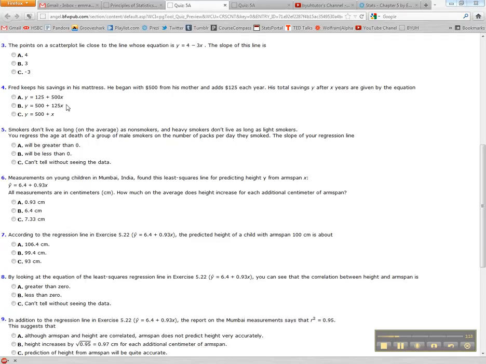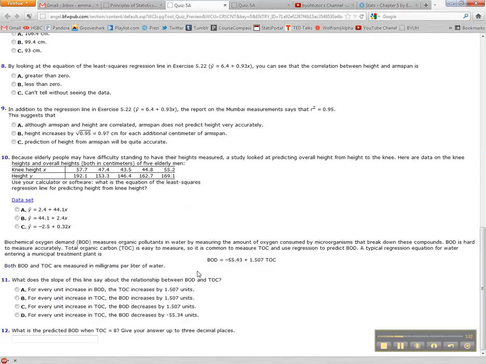So for a given number of years, you multiply by 125 and you add how much he initially had, our y-intercept. So for 4, hope that's clear. It's B.